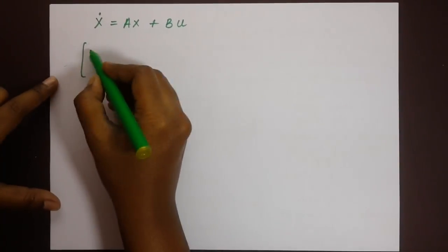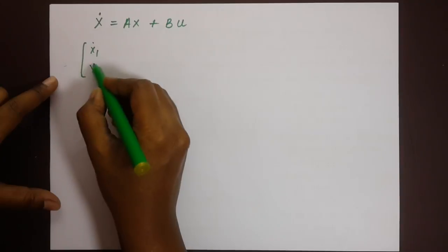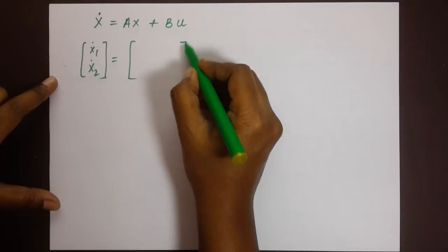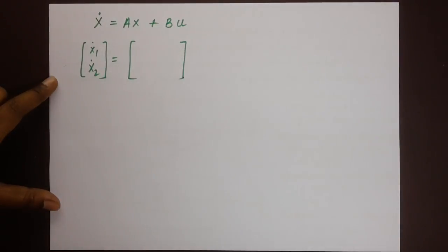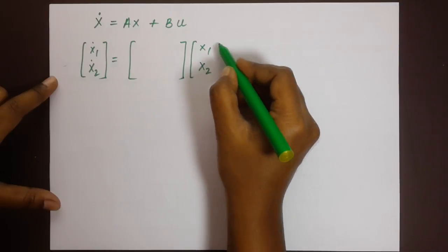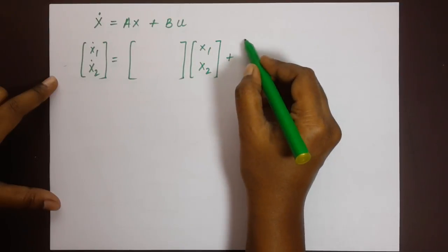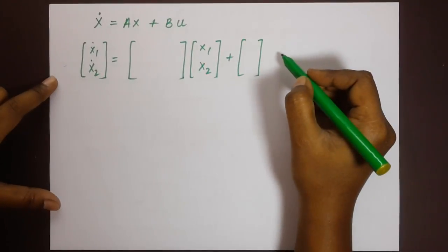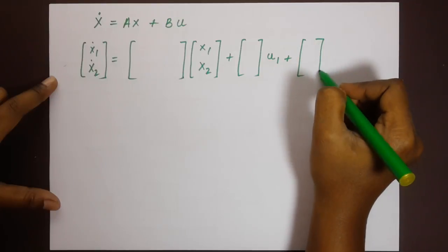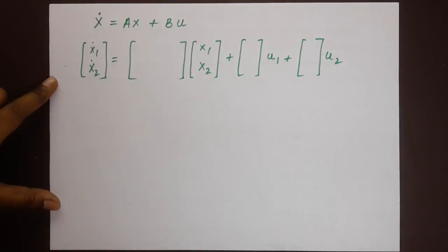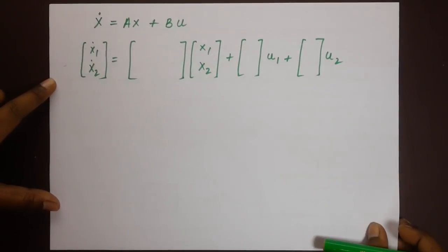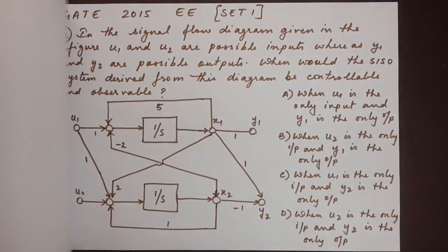So we have x1 dot, x2 dot is equal to, this is going to be our matrix A, times X, which is x1, x2, plus a matrix here for U1 and a matrix here for U2. Now let's find out what values go into these matrices, looking at the diagram here.